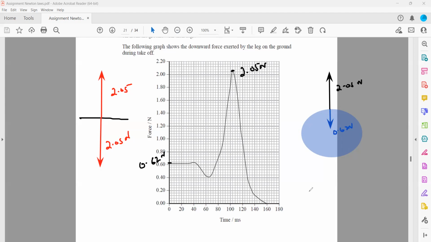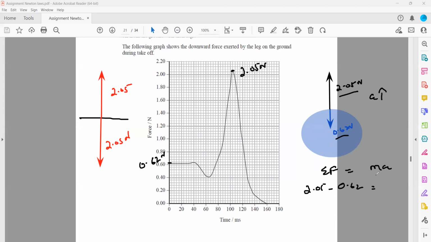As a result, 2.05 minus 0.62 will create a resultant force on the bird. And that resultant force is equal to ma. So 2.05 is upward, 0.62 is downward. As a result, there will be an acceleration upward.